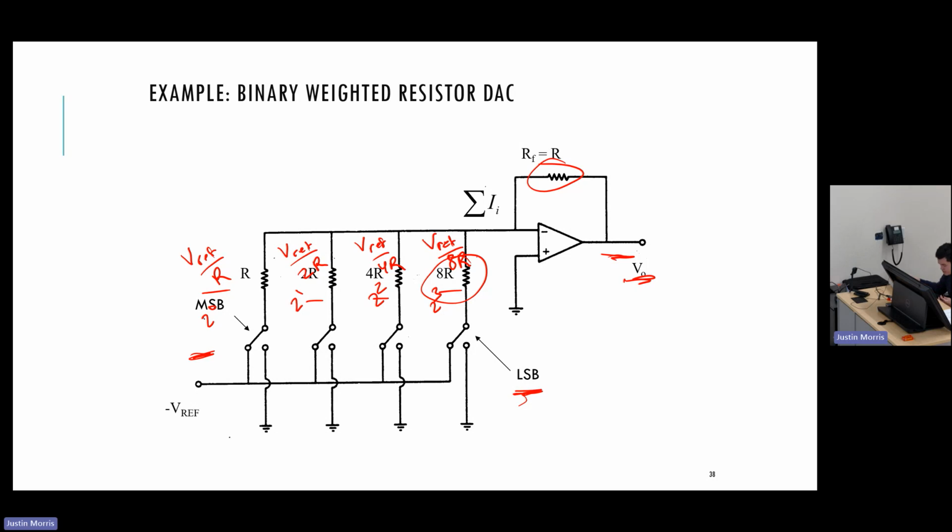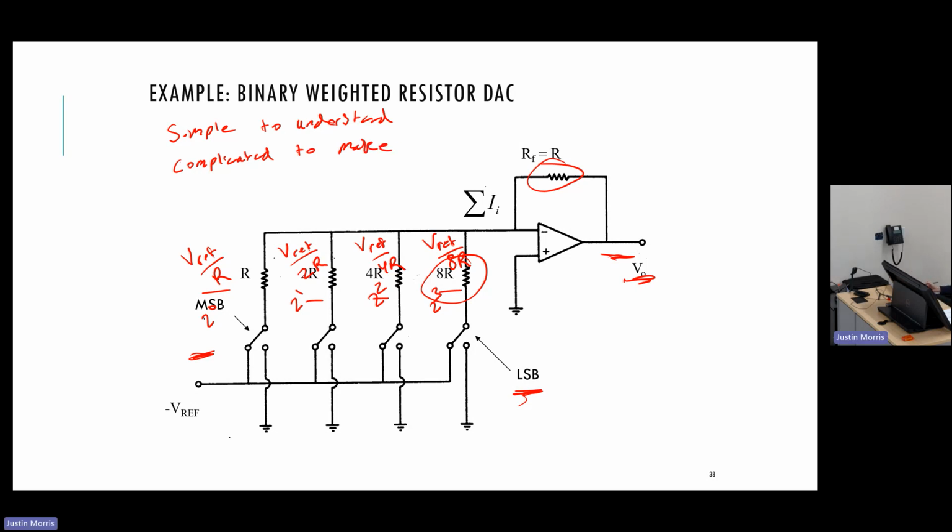So one thing about this, though, is it is simple to understand. If you knew more about the analog circuits, it is simple to understand, but it is very complicated to make.